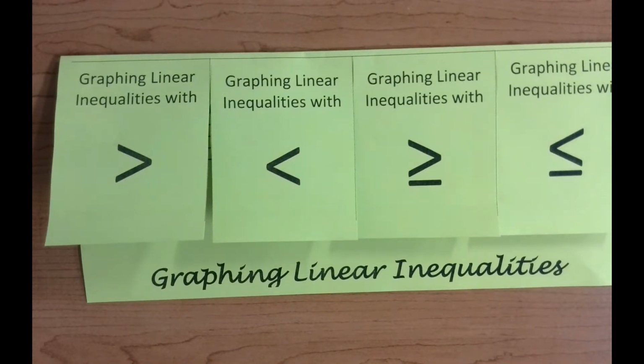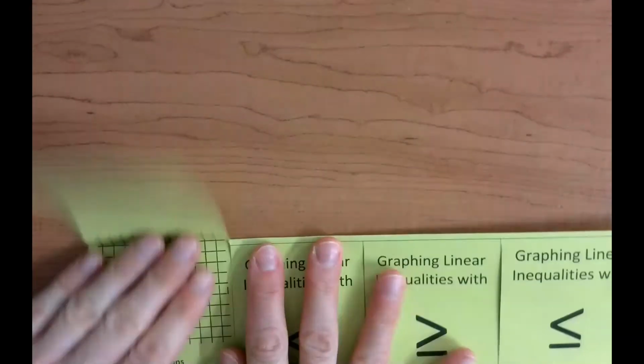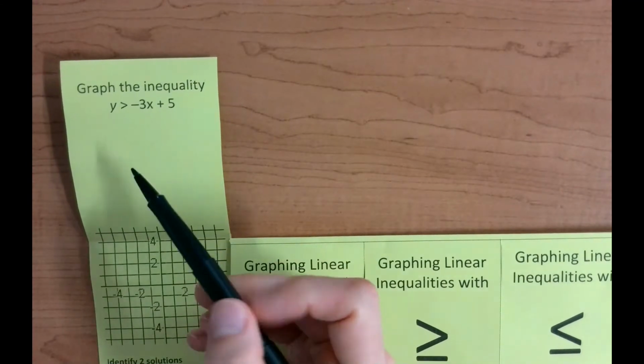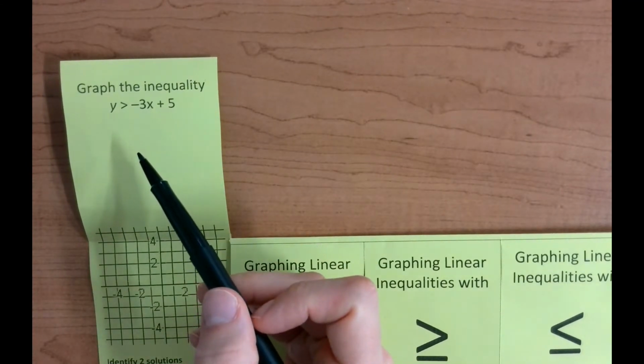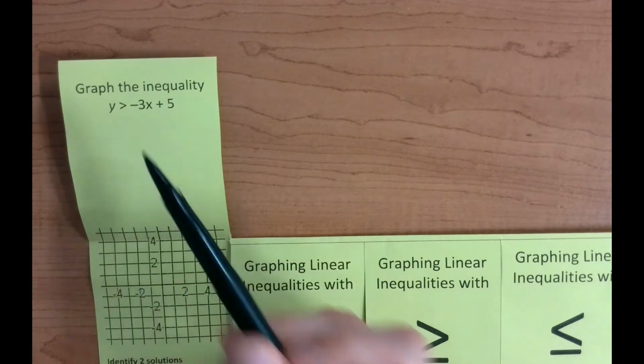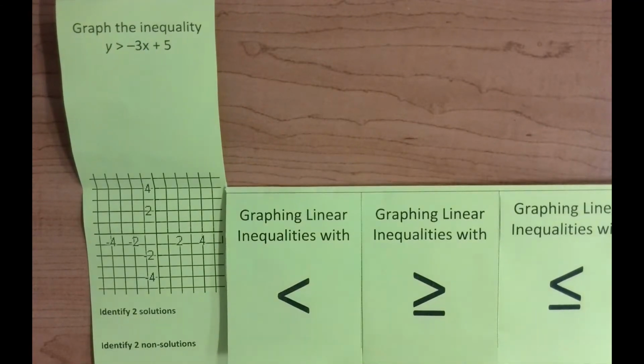All right, so starting with the greater than symbol. When we're graphing, I like to think of it as just an equation in slope-intercept form. So think of y equals negative 3x plus 5. Think of what we already know with graphing slope-intercept form.